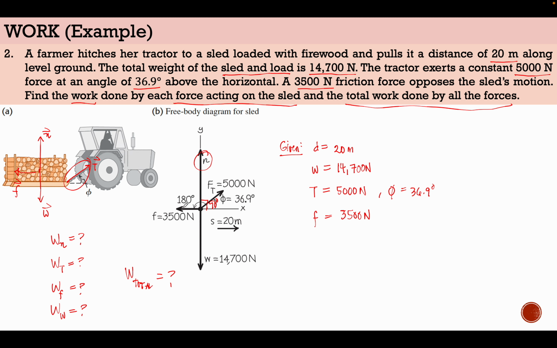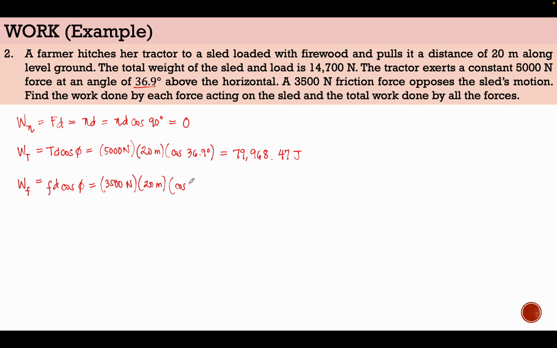So the angle of the friction force is equal to 180 degrees. So it is cosine of 180. So the work done is 3,500 times 20 times the cosine of 180, which is equal to negative 70,000 joules. So that is the work done by the friction force.